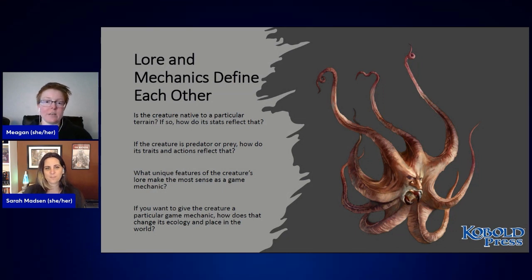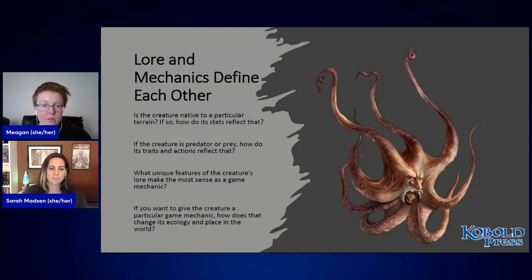Or maybe I'm really good in mountains, so maybe I take less bludgeoning damage because I have to deal with avalanches all the time. And if it's a predator or prey, how do its traits and actions reflect that? A predator is going to have some stealth, or some type of pounce or ambush feature.